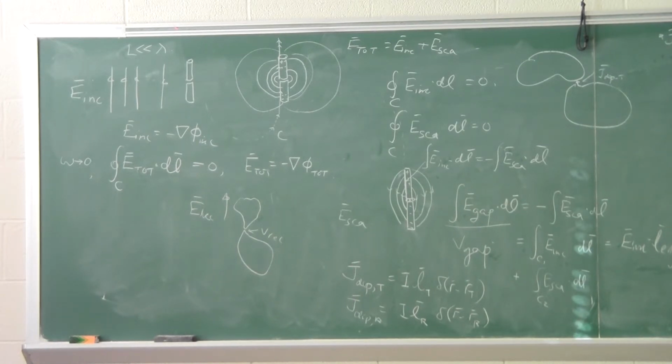The 1/8 factor is still there, and then the voltage received is just equal to E incident at the exciting dipole, divided by I squared.